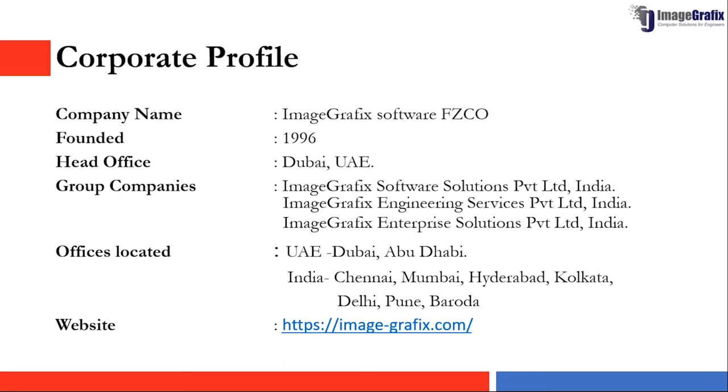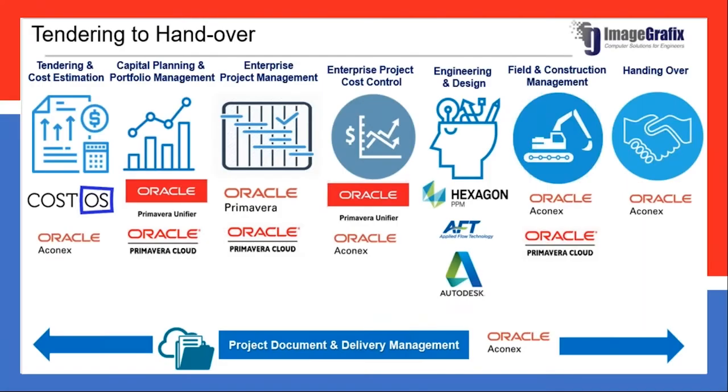In India, we have a big setup, about 8 offices across the country. Chennai is the headquarters for Indian operations, and in the UAE we have offices in Dubai and Abu Dhabi too. To know more about our company, you can visit our website, image-graphics.com, where you can get more information.